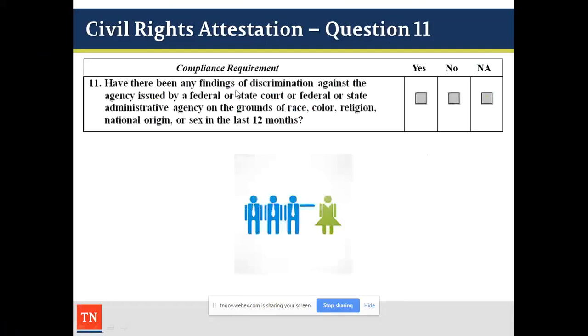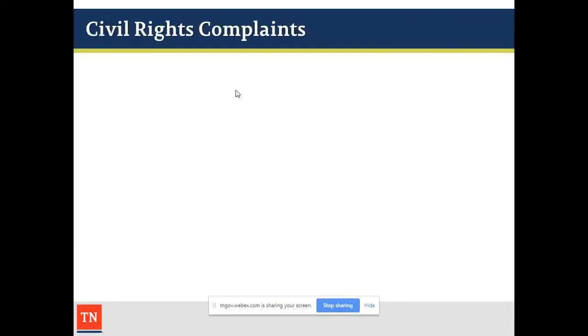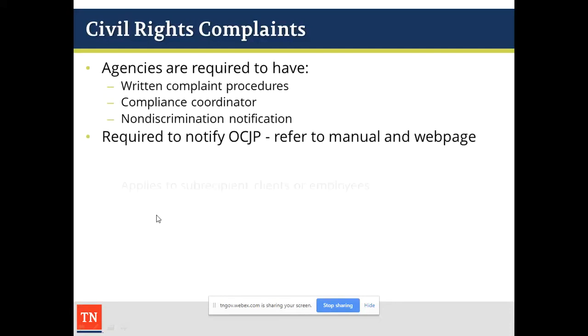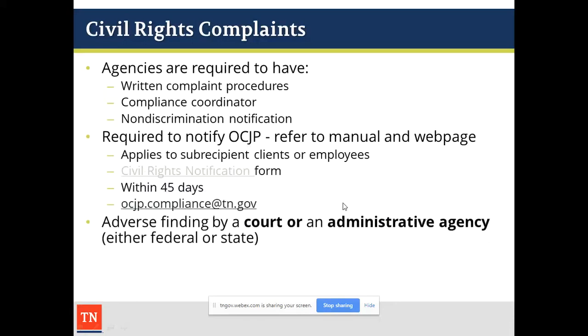You will have to submit that form within 45 days, and you will submit that to the ocjp.compliance@tn.gov email address. And that form is available online on our civil rights page and also in our grants manual. And here's the email address that I just referenced.